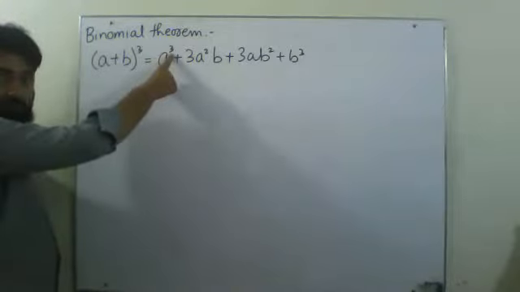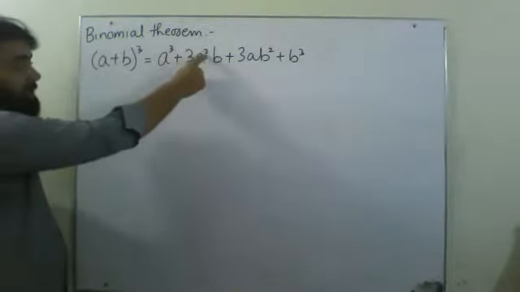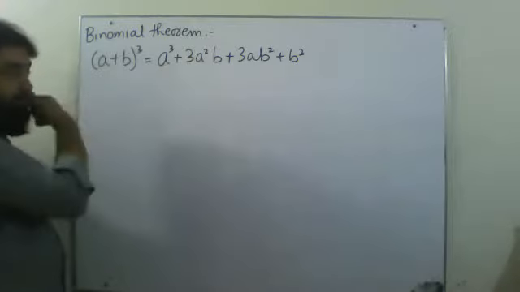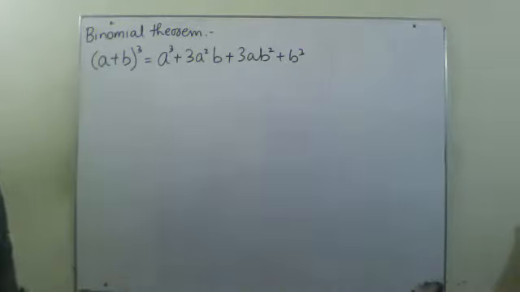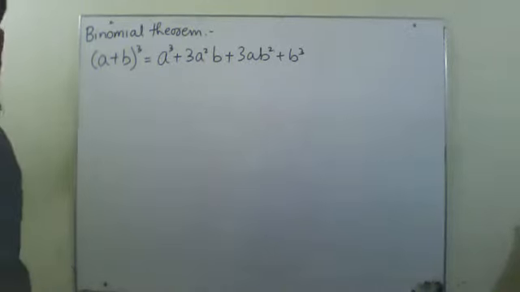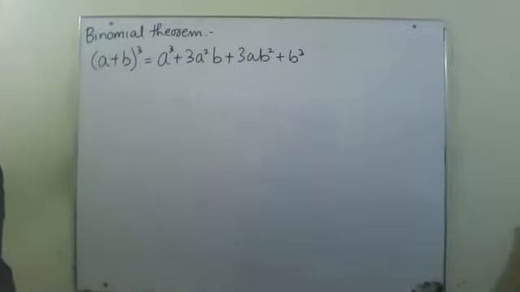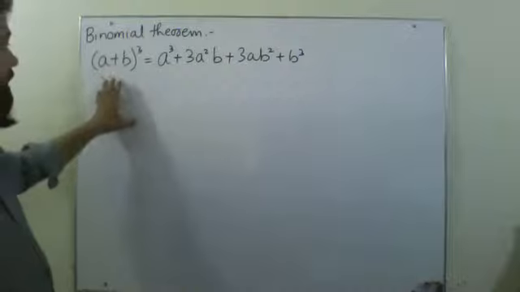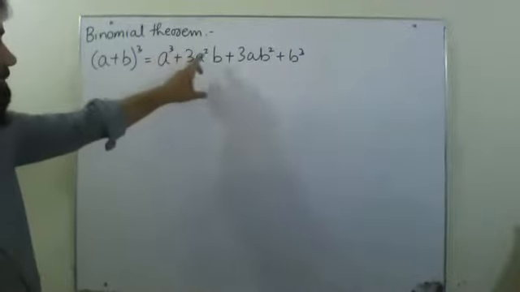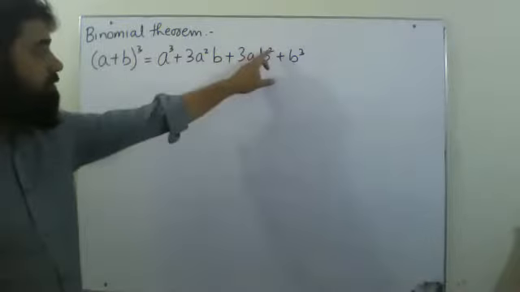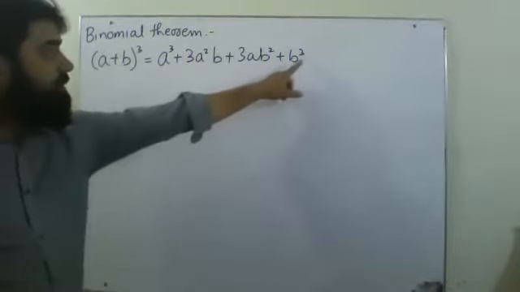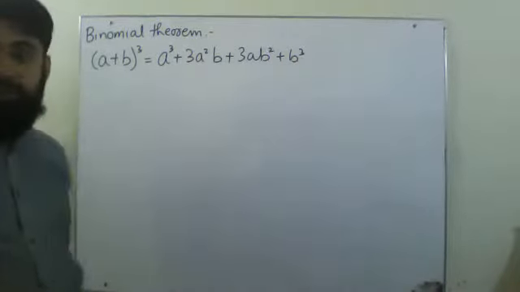Power is 3. What is the power over here? a square and b power 1, then a power 1 and b square, and then b cube. All of them sum up to 3. 2 over here, 1 over here, add up to 3. 1 over here, 2 over here, add up to 3. And this is also going to be 3.